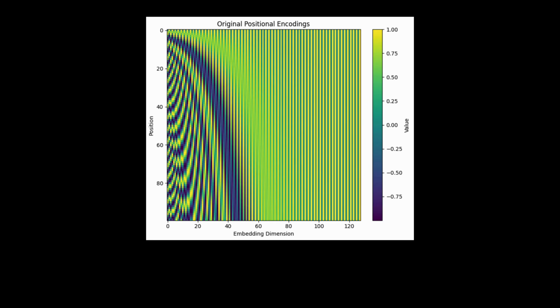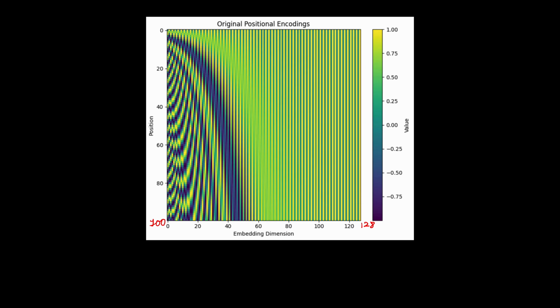The answer to that question lies in this beautiful diagram. The sinusoidal waves that we have designed follow a definite predictable pattern, which looks something like this. Here, what I've done is I've generated positional encoding for 100 positions, and each positional encoding is of dimension 128. And if you plot the heat map for these 100 positional encodings, then it will look something like this.